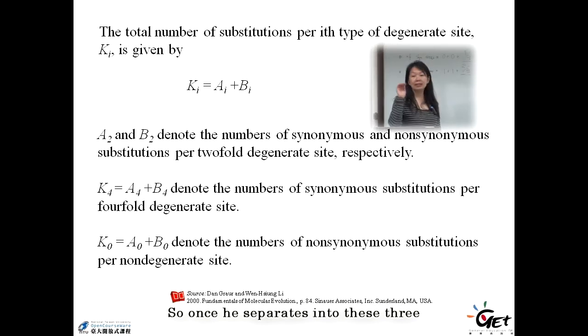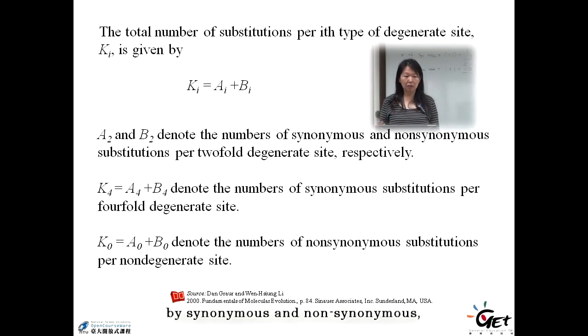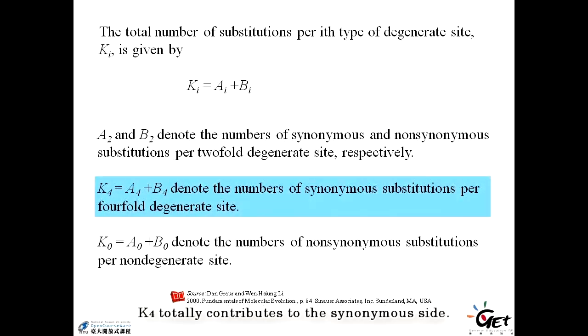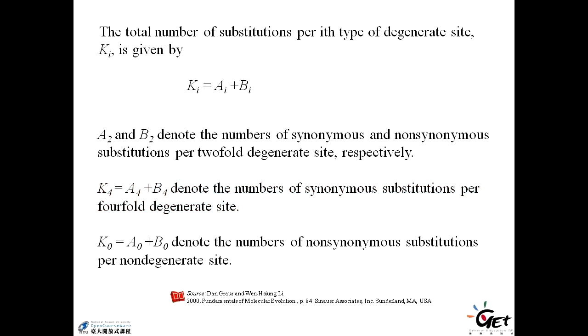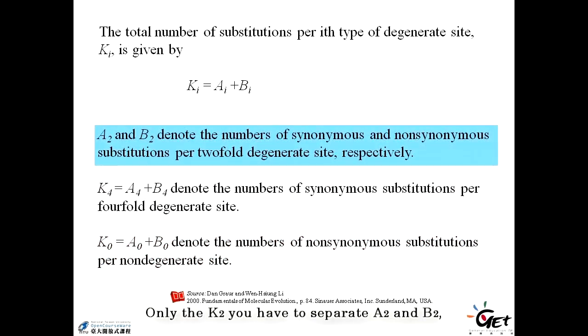So once you separate into the 3 categories and separate further into synonymous and non-synonymous, you can easily see K4 totally contributes to the synonymous side, and K0 totally contributes to the non-synonymous side. Only for K2 do you have to separate A2 and B2: one is synonymous, the other is non-synonymous.